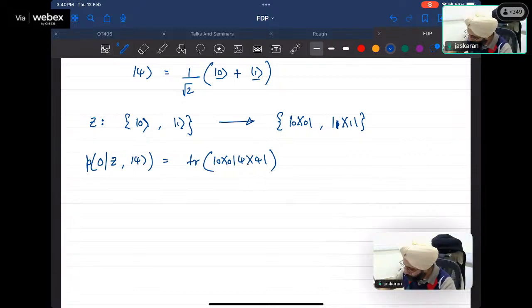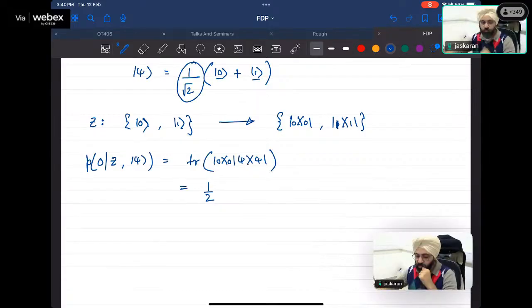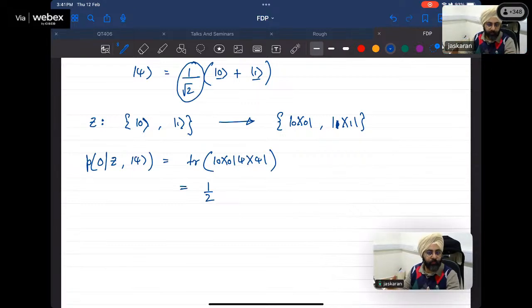And if you evaluate this, you will get equal to half, which is nothing but taking the coefficients that we have and squaring them. The general audience might know that whenever we want to find the probability of the outcome 0, we just take the coefficient corresponding to that and square it. But this is the underlying phenomenon where it comes from. You take the projection, look at the length, and then relate it to the probability.